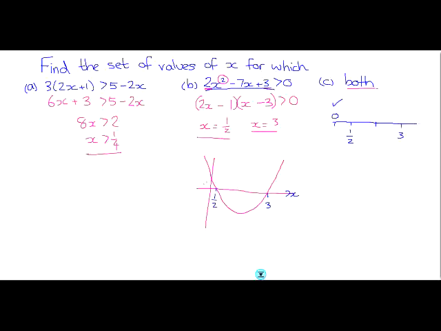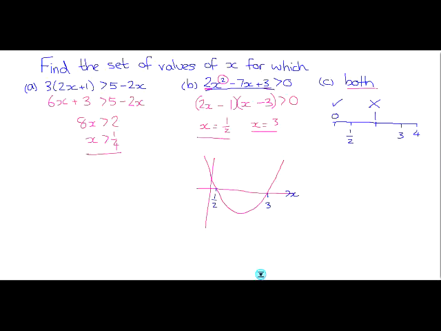So it actually looks like we're going to be shading in this area and this area. Just to confirm it, if we put a 1 in here, 1 squared is 1, double that, 2. Take away 7, so 2 take away 7 is minus 5. Add 3, minus 2. Minus 2 is not bigger than 0, so this area doesn't work. Let's try 4. 4 squared is 16. Double that, 32.